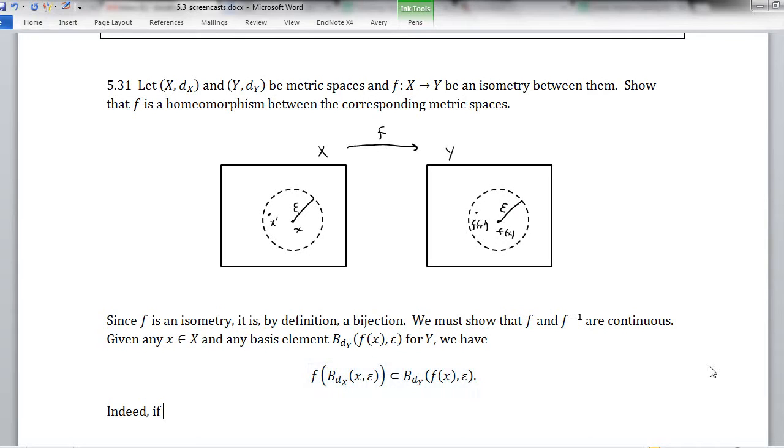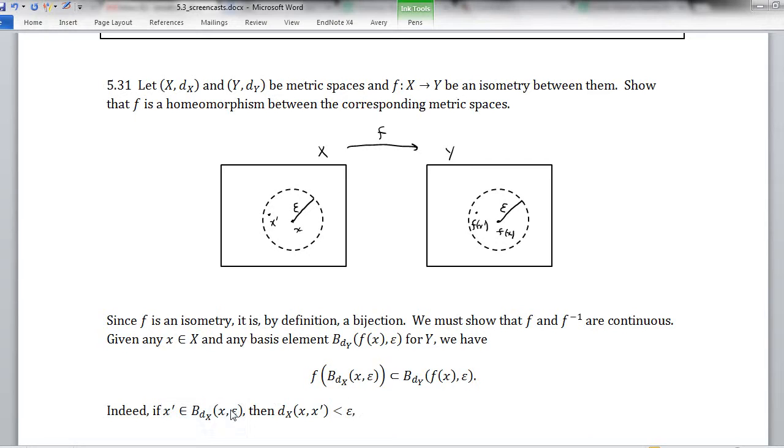So suppose that x prime is in the ball about x. Well, then what that means is that the distance in X from x to x prime is less than epsilon.